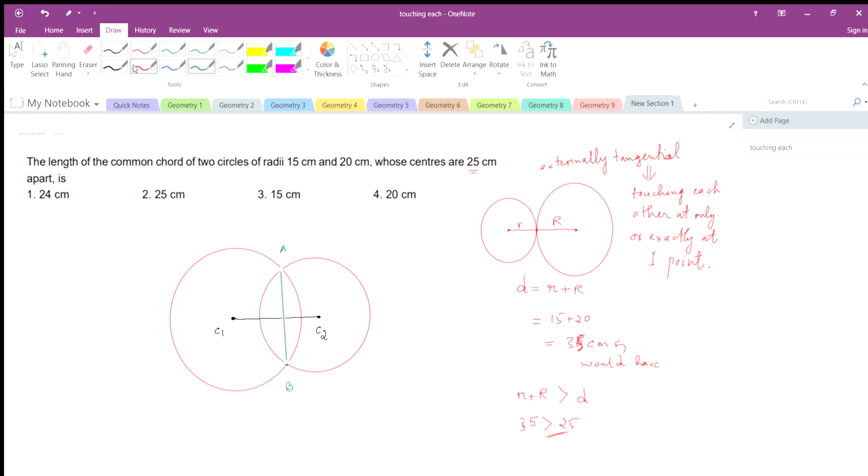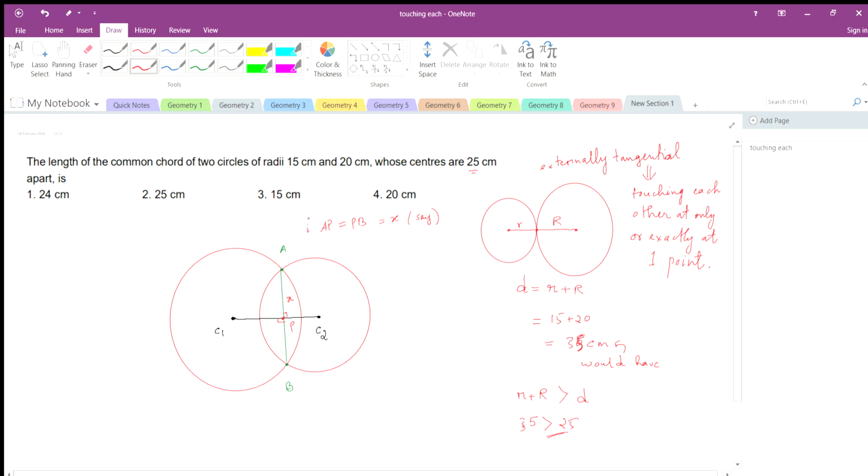Now see, this will be 90 degree. This is also 90 degree. Now this point suppose is P. AP is equal to PB is equal to x, I'm assuming that it is x centimeter.